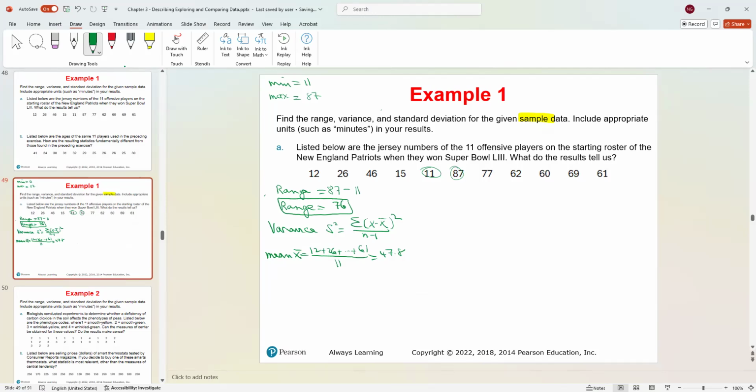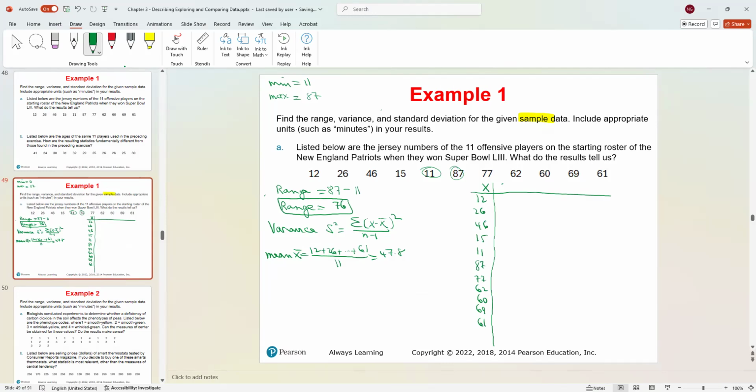We're gonna have x: 12, 12, 26, 46, 15, 11, 87, 77, 62, 60, 69. Because of technology, we're not gonna do this all the time by hand, but unfortunately, to pass the class, you really need to understand how to do it by hand.